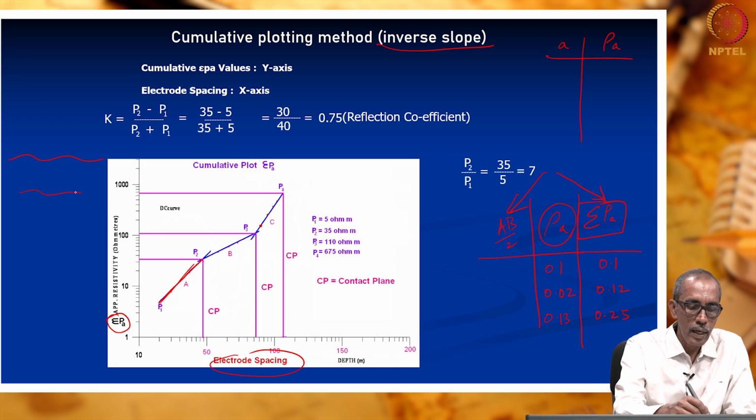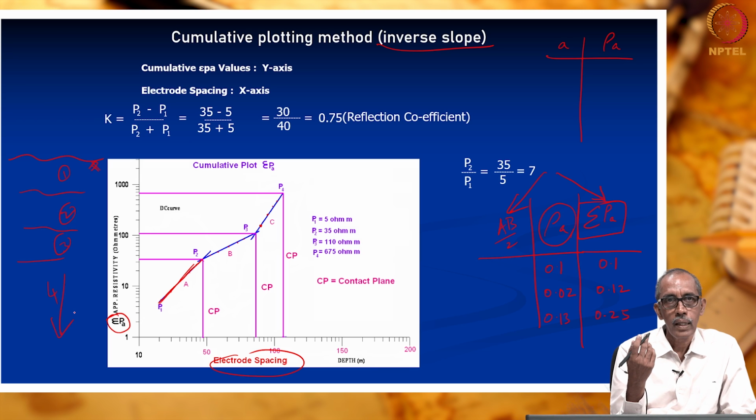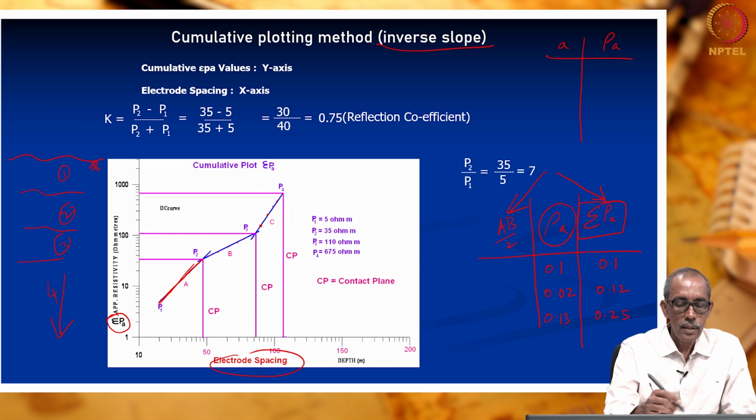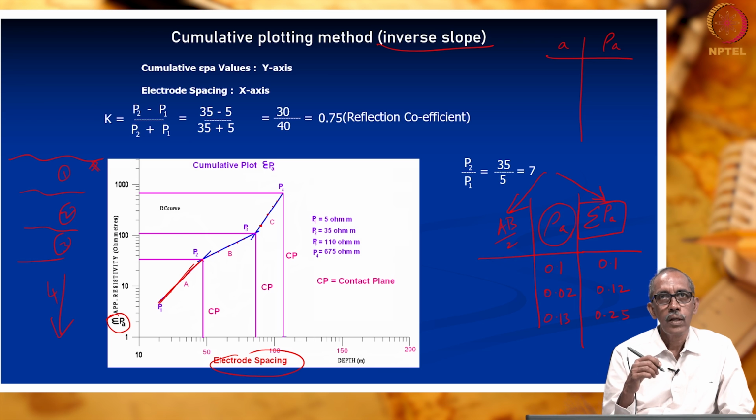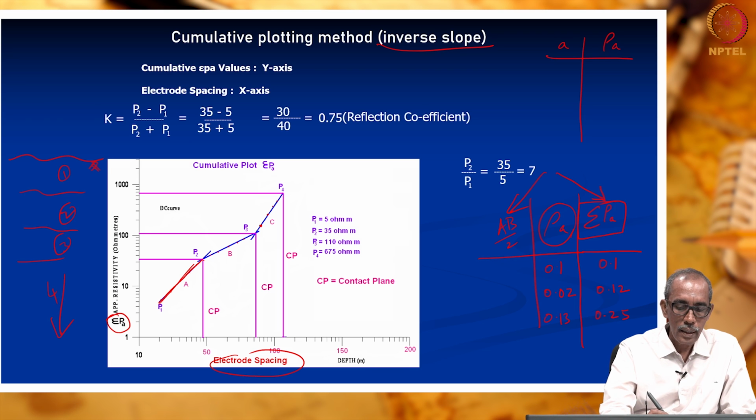In this case there were 4 layers. This is the ground surface, this is layer 1, 2, 3, and the fourth one is of infinite thickness, we do not know its thickness, right. So, this is how we are able to interpret the cumulative curve. And what are the thicknesses?